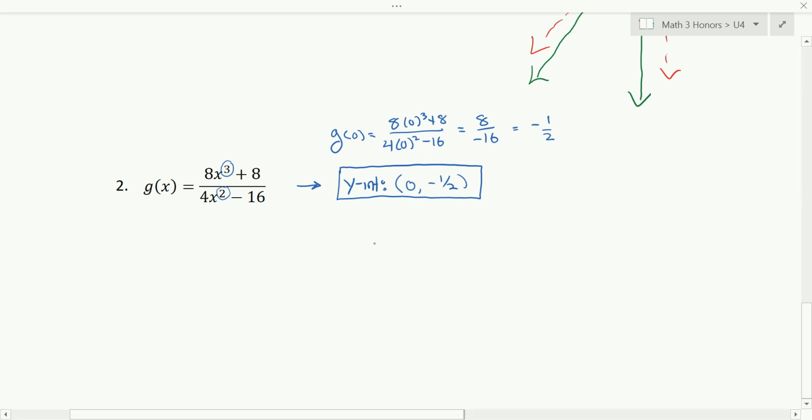Okay, so here's where you gotta put in placeholders. So the 8x cubed plus 8, you're gonna write 8x cubed plus, there's no x squared, there's no x's, plus 8. So you don't want to skip any of the descending powers there. And then 4x squared minus 16, you'd write 4x squared plus 0x minus 16.